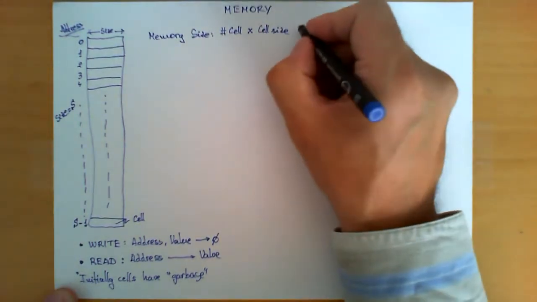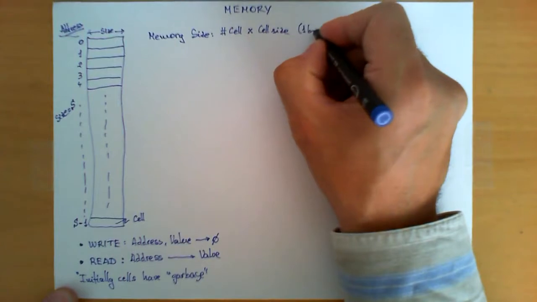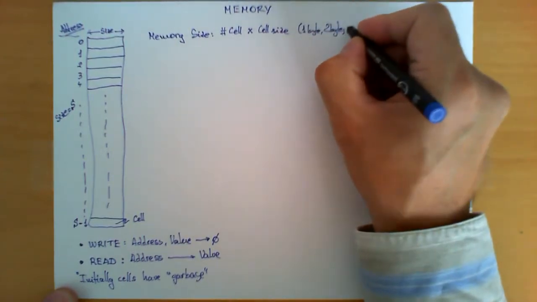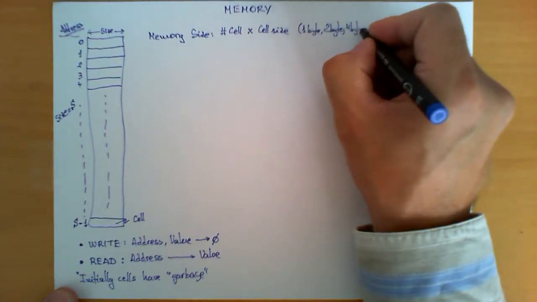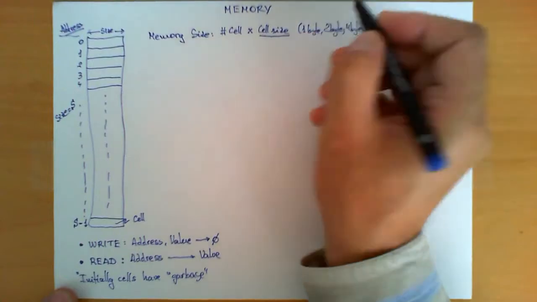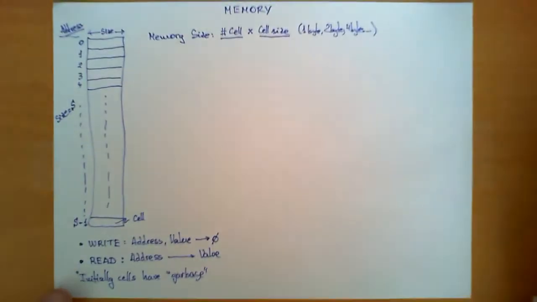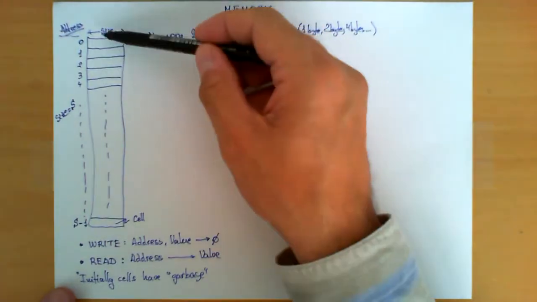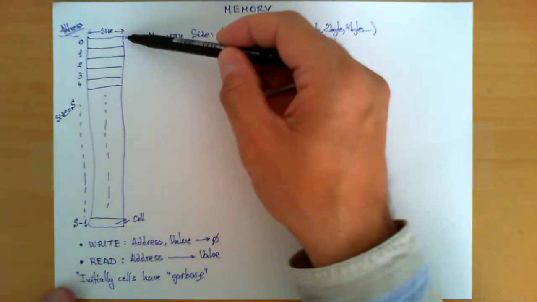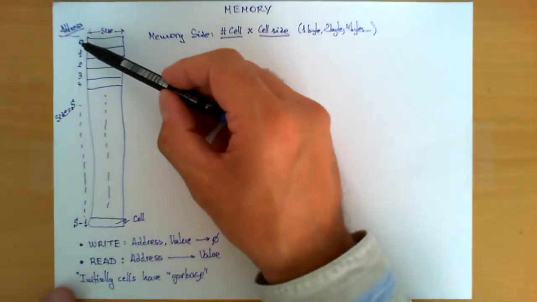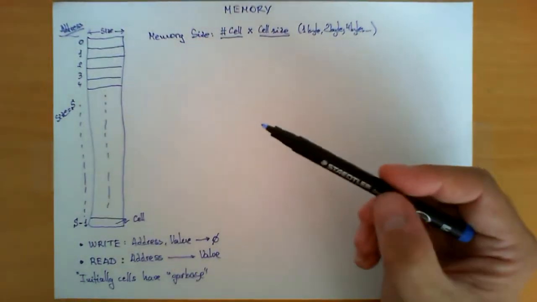As we said before, the cell size is typically 1 byte, perhaps 2 bytes, or sometimes even 4 bytes. Once you know the cell size and the number of cells, the size of a memory is just the product: the size of these cells times the S cells we have here, because our address goes from 0 to S minus 1.